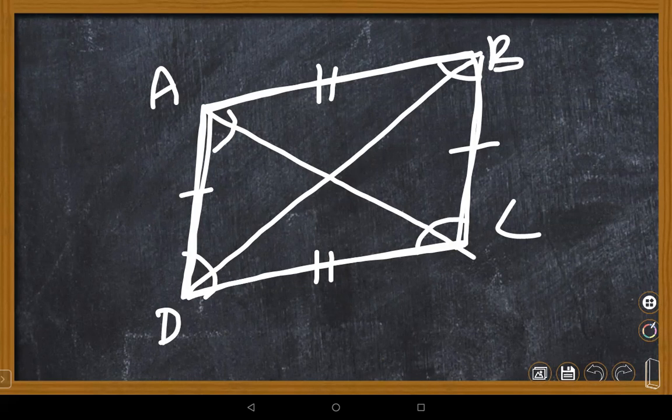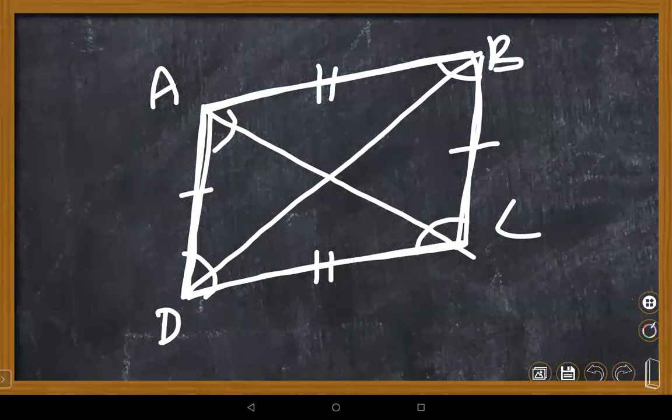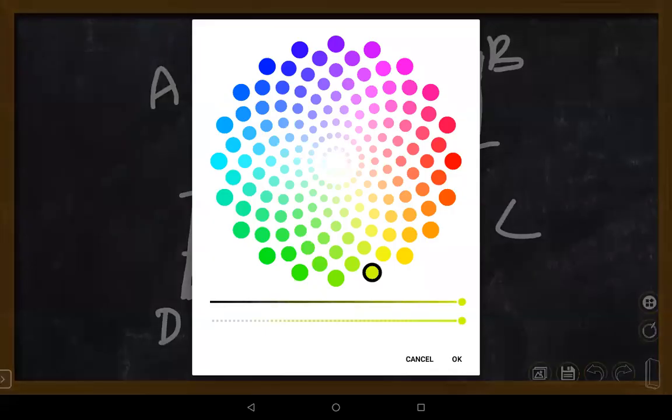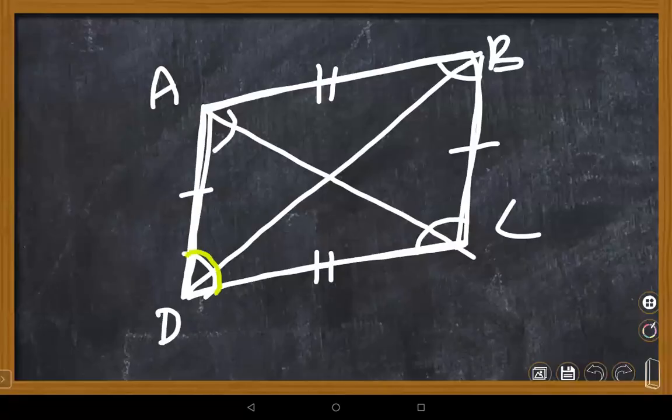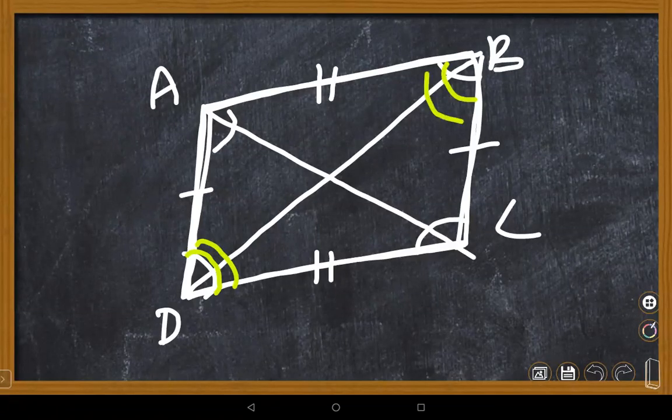The opposite angles of a parallelogram are also equal, children. Opposite sides are equal. If you take angle D equal to angle B, and angle A equal to angle C, opposite angles are equal in a parallelogram. Ma'am, it is called the vertically opposite angles property.